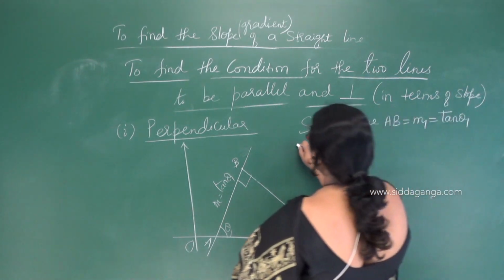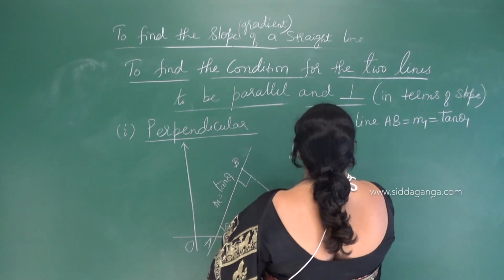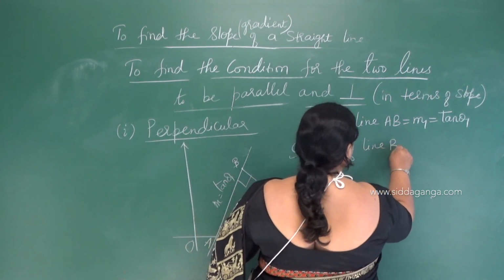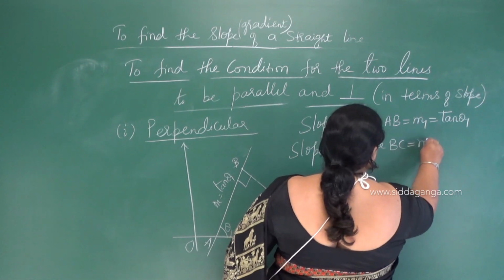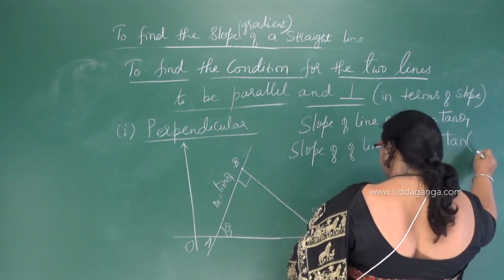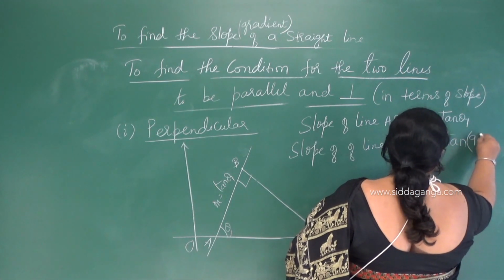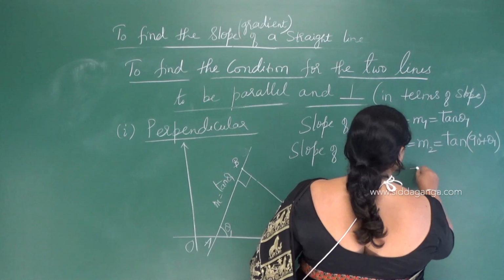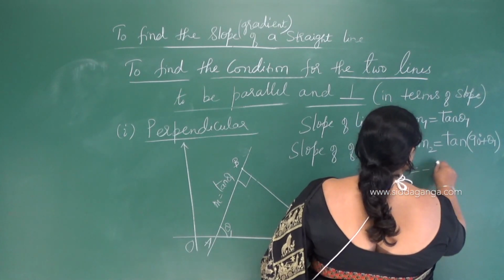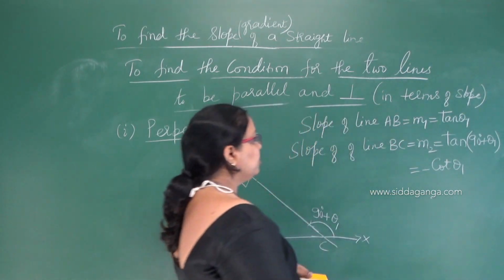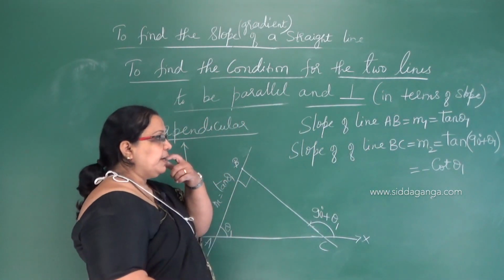The slope of the line BC, that is m2 equal to tan of the inclination, which is 90 degrees plus theta 1. Now this is equal to minus cot theta 1.